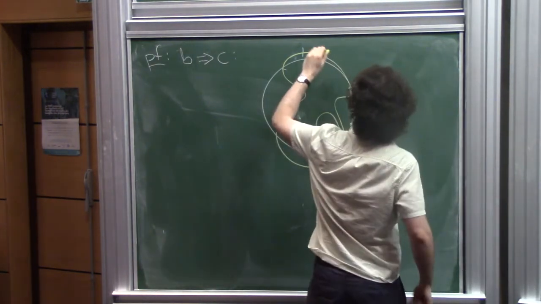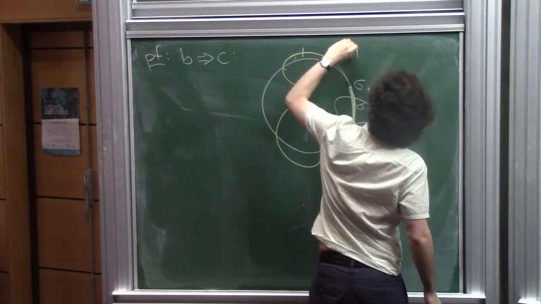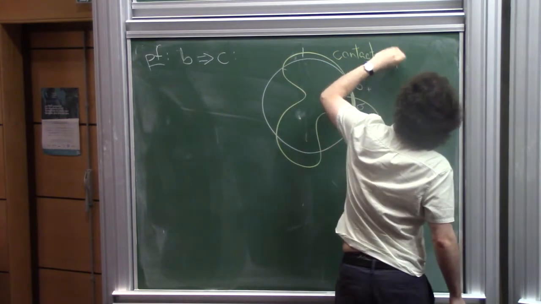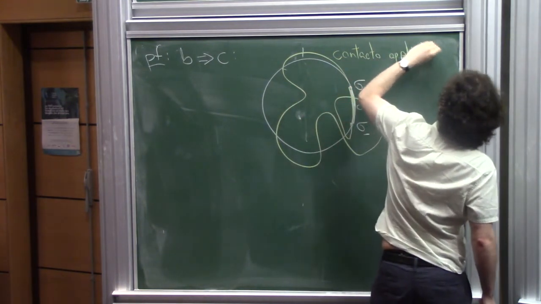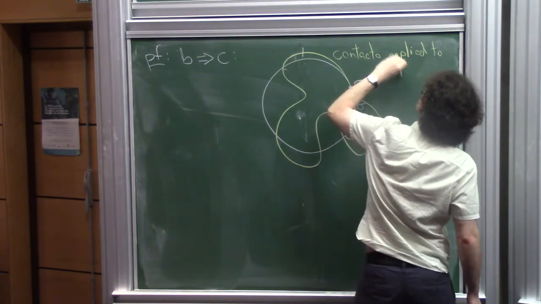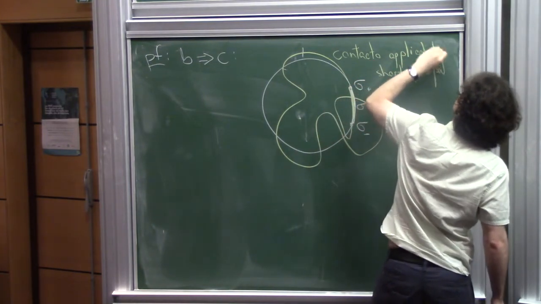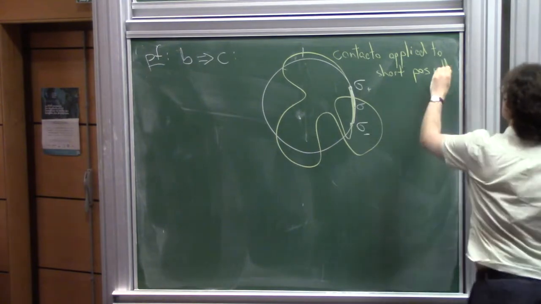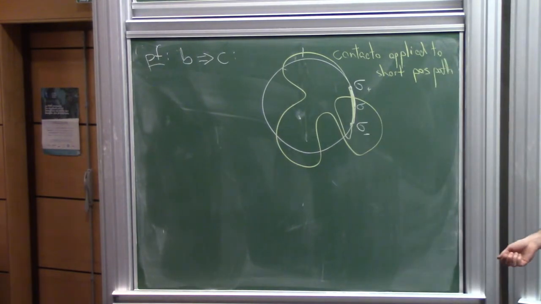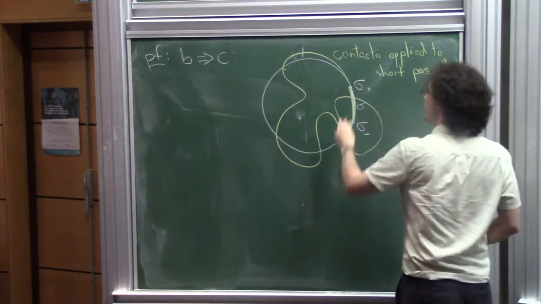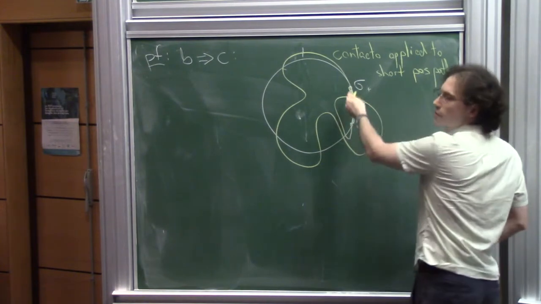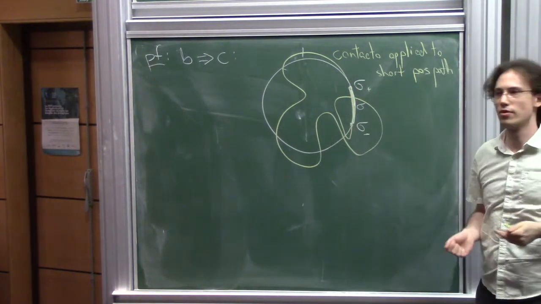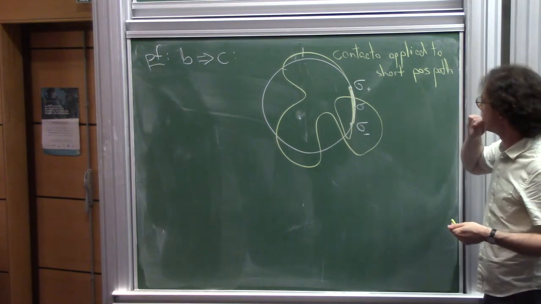So this is contactomorphism, short positive path. And this new thing could well intersect sigma. It could intersect the original. No, sorry. What do I say?